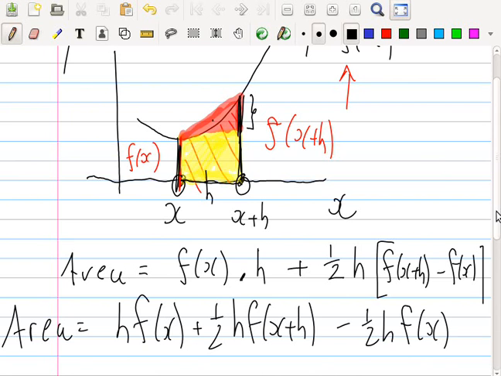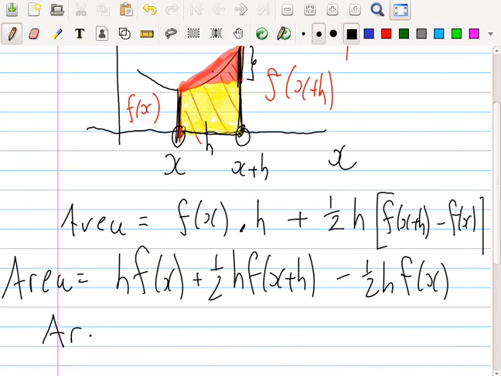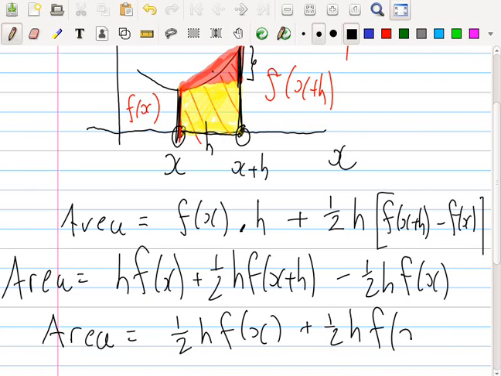Now, if you look here, you can see that these two are the same at the front, so you can have a half h f of x, plus a half h f of x plus h.